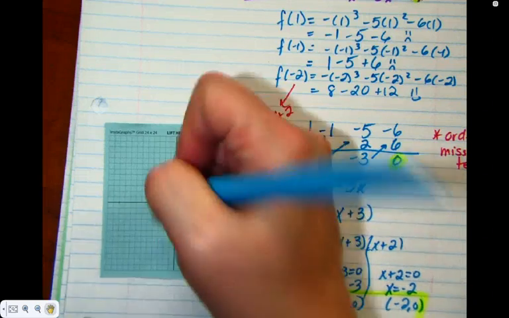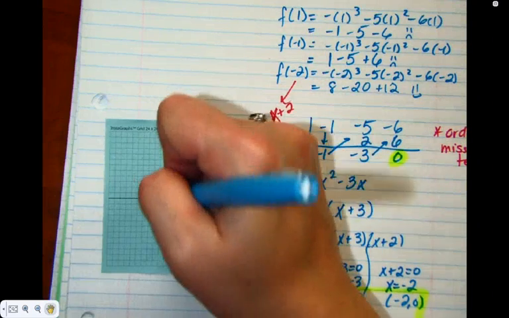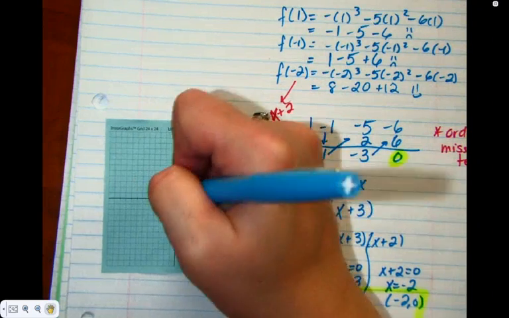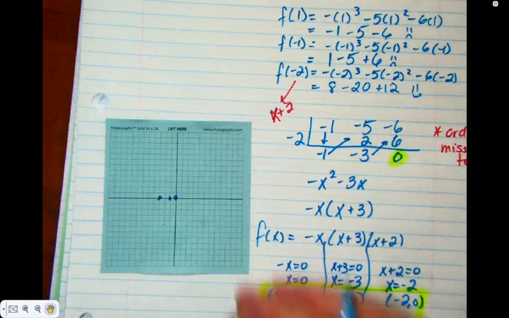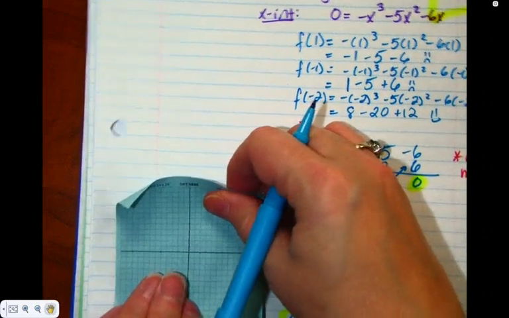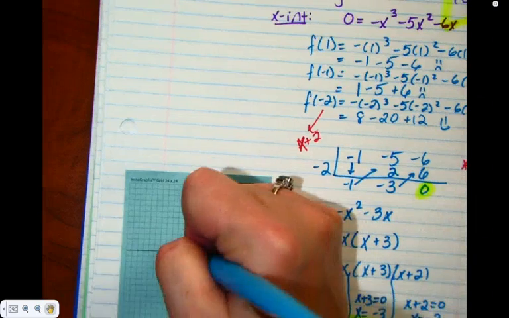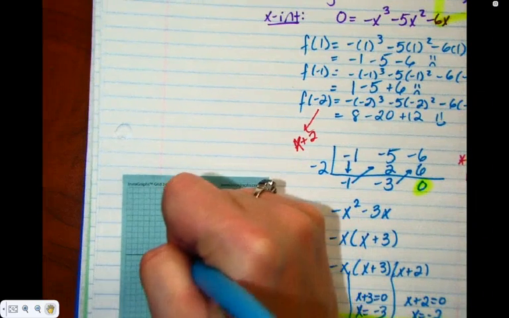Also for my x-intercept. Negative 3, 0. And negative 2, 0. I put it at negative 1. I'm sorry, I'm left-brained. I have to get a whole new sticky. Let's try that again. 0, 0, negative 3, negative 2.